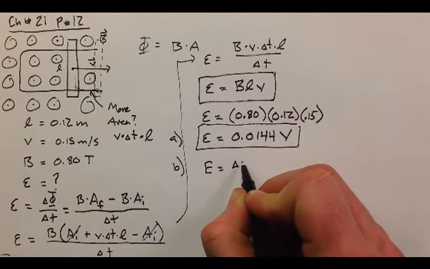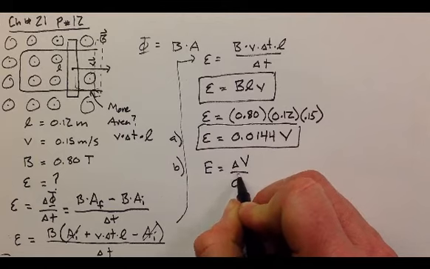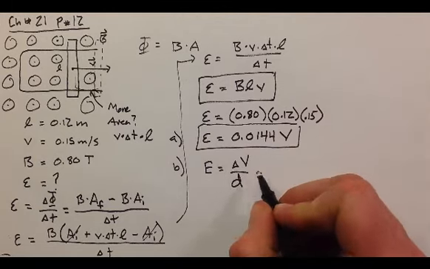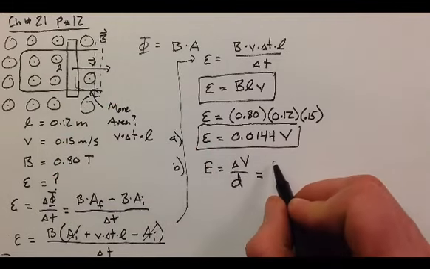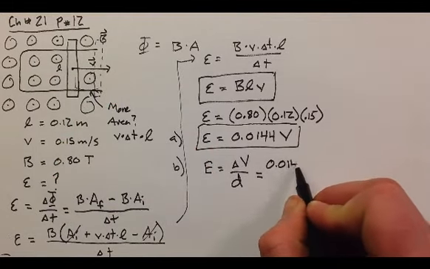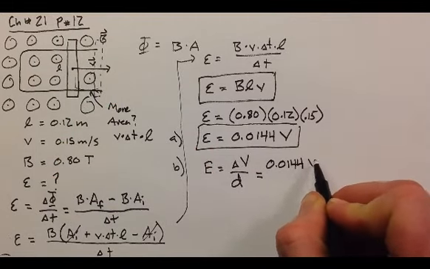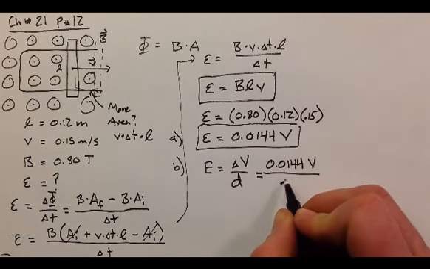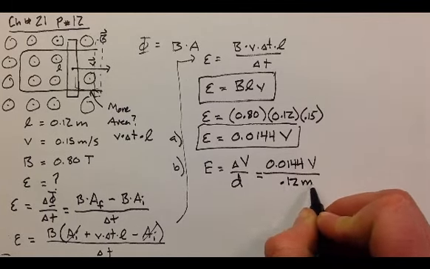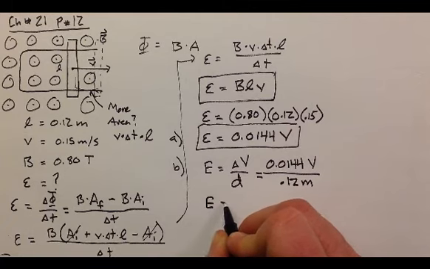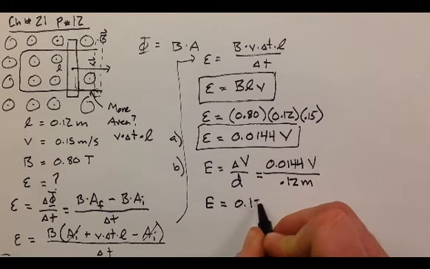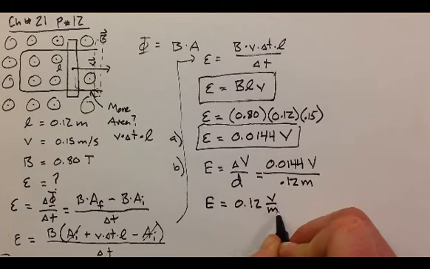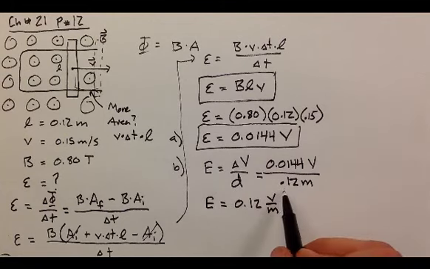Electric field is change in voltage per unit distance. And if we plug that in, we know our change in voltage here across the bar, 0.0144 volts. That's just our EMF. And our distance is 0.12 meters. Therefore, the electric field felt by the electrons is 0.12 volts per meter.